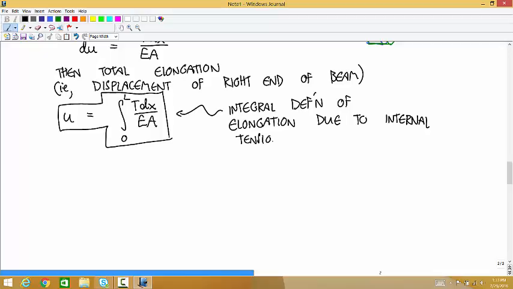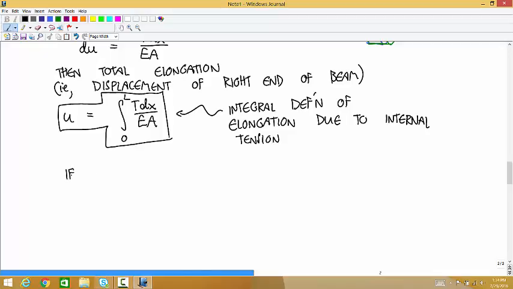Okay, so that's the integral definition, but like with most of these integral definitions, most of the time we're not going to have to use the integral. We're going to usually be dealing with problems where you have a finite number of pieces with constant internal tension in between those pieces.